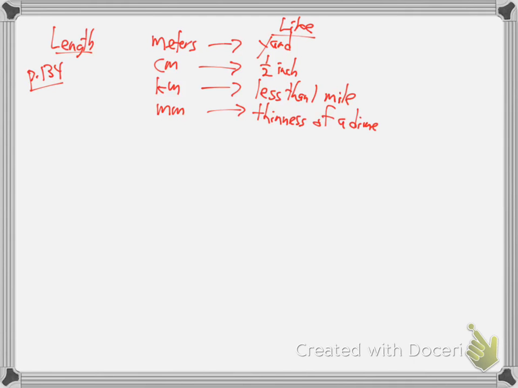And then weight. What are the metric units for weight? Pounds and tons are American units. We're doing metric: grams, kilograms, and milligrams. Grams are like ounces, you know, not very much.